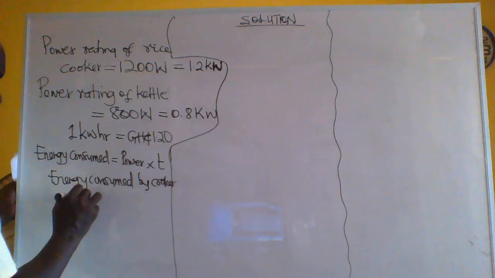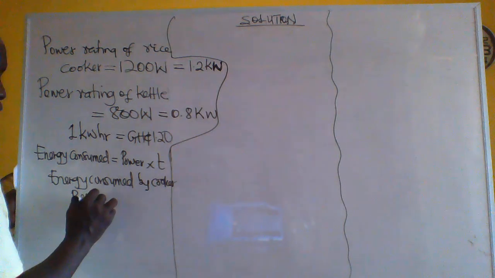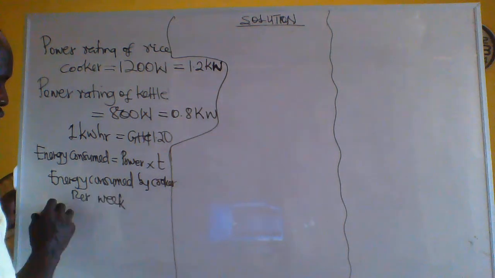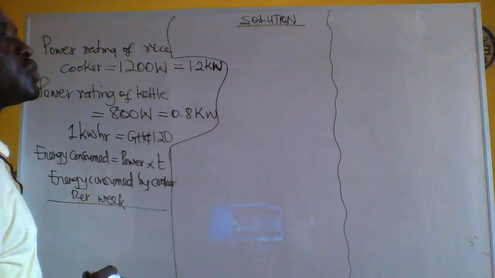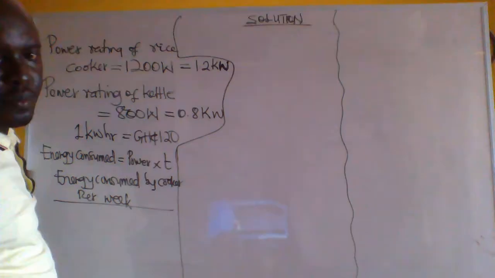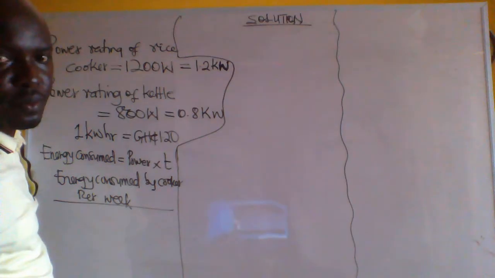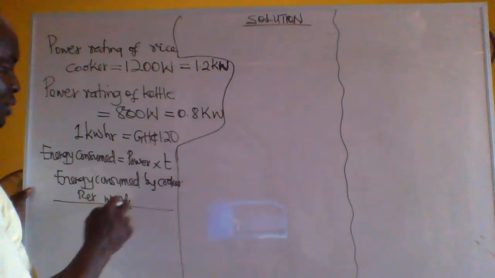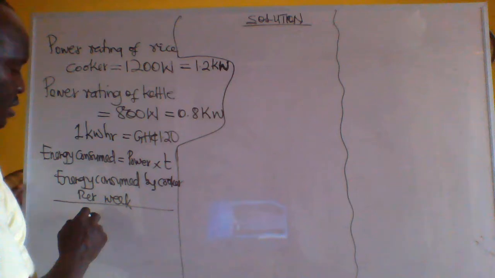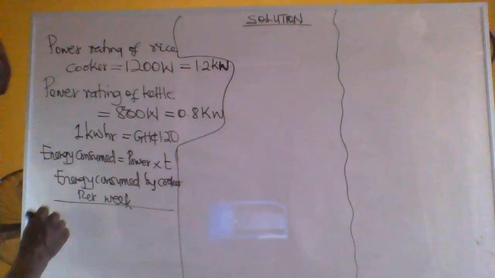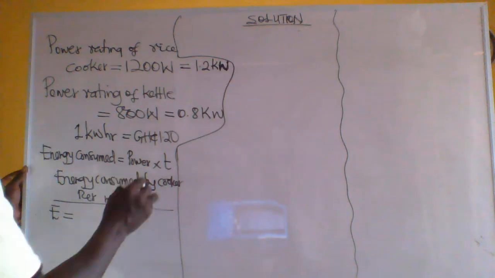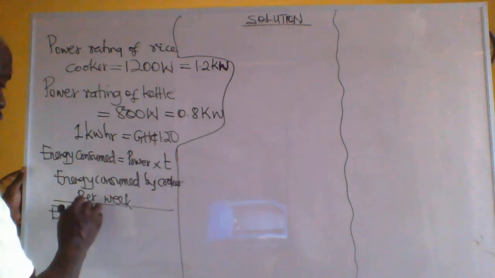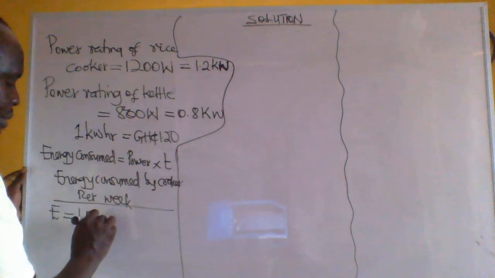per week. So within 1 week, what is the energy consumed? So the energy consumed by the cooker per week becomes the power rating of the cooker, which is 1.2, by the time taken.